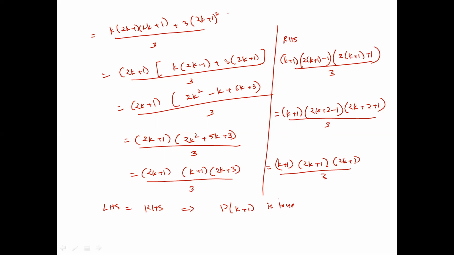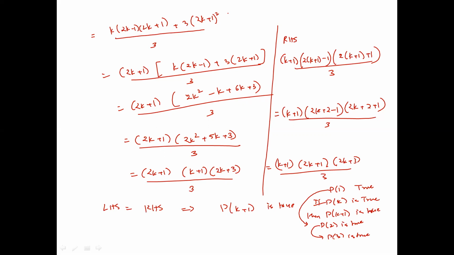So what did we get? We got P of 1 is true. Then we assumed if P of k is true, the next P of k plus 1 is also true. That means if P of 1 is true, the next one P of 2 is true. If P of 2 is true, the next one P of 3 is true.